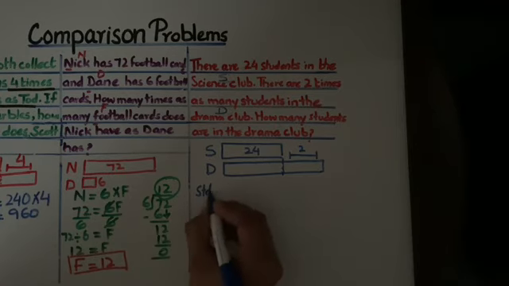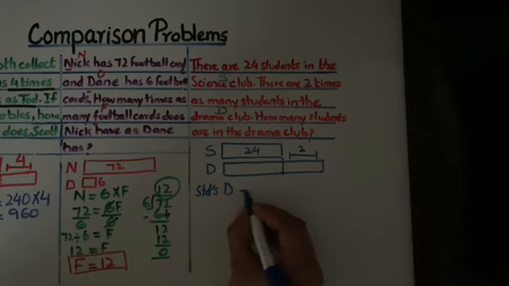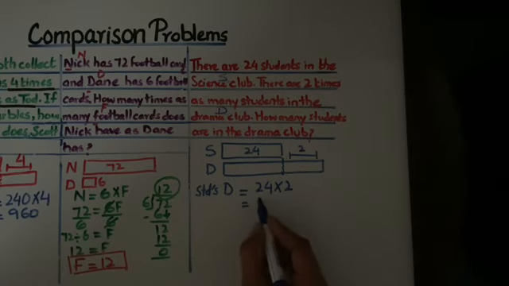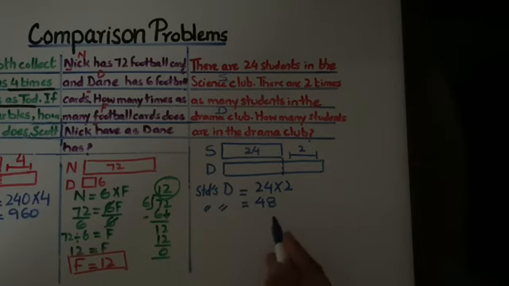Students in the drama club is equal to 24 times 2. 24 times 2 is equal to 48 students. So the drama club has 48 students.